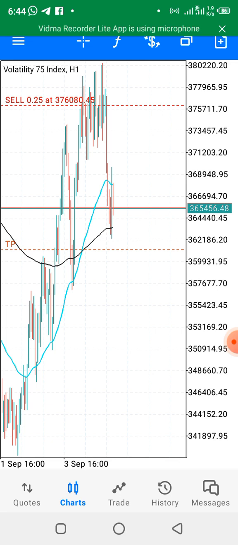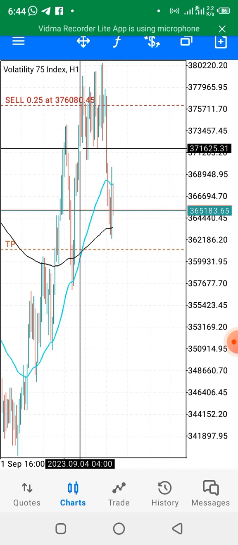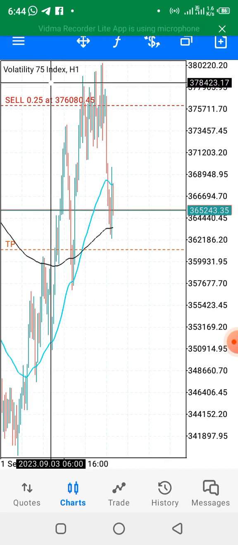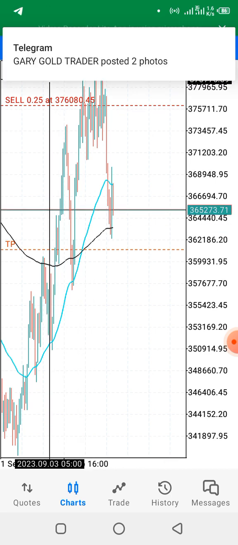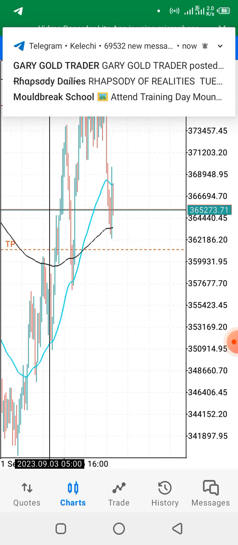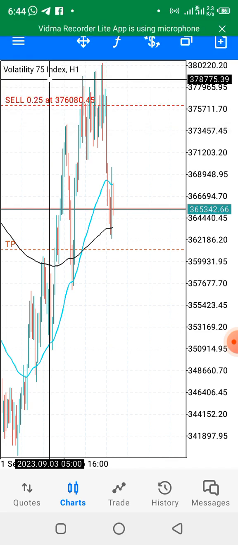So let's assume we want to set our stop loss now. Remember, the dotted line above here is where we entered from. So stop loss needs to be above it. All right, so that's 378,775.39.